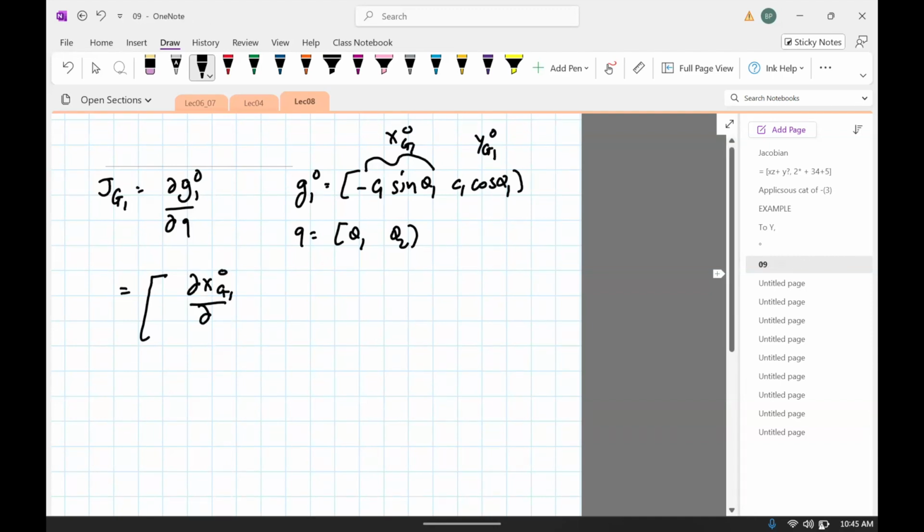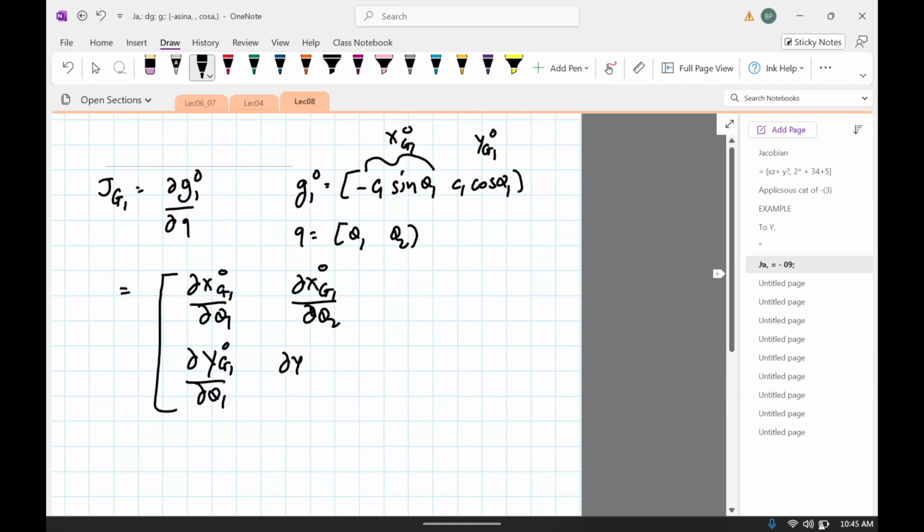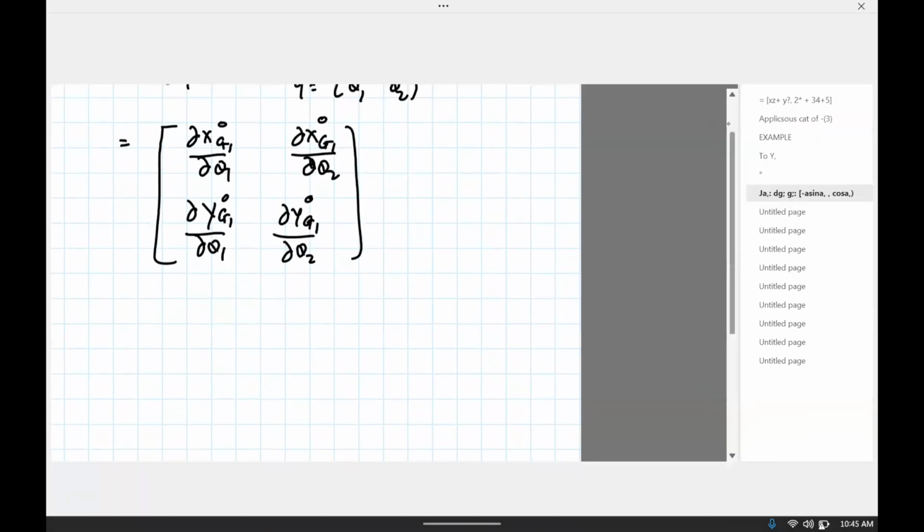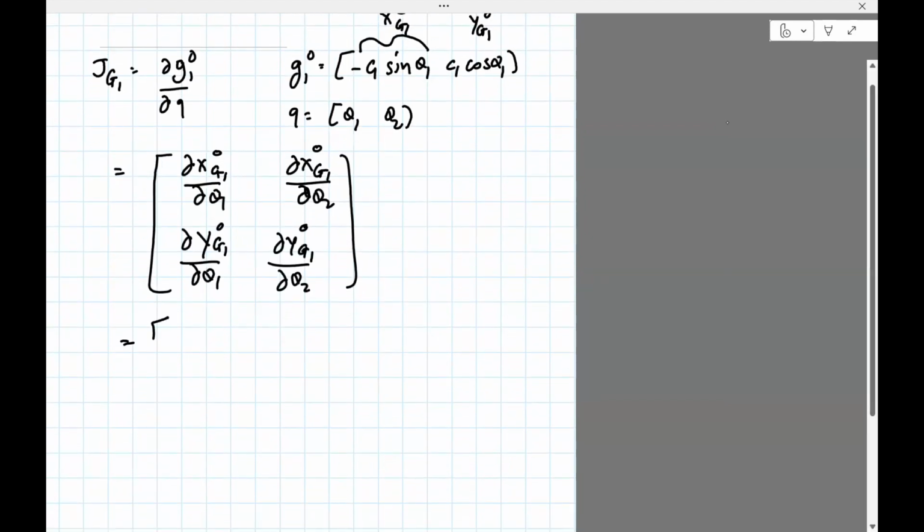So it will be dxG1,0 with respect to theta 1, dxG1 with respect to theta 2, and then dyG1 frame 0 d theta 1, dyG1 frame 0 d theta 2. It's fairly straightforward to do this. Take the derivative of this with respect to theta 1.